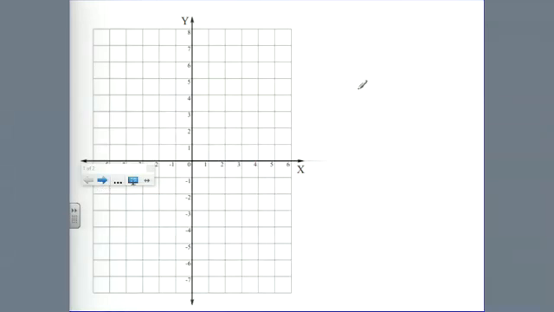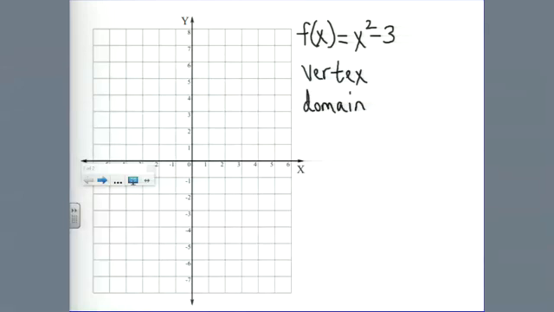Given the function f of x equal to x squared minus 3, we need to give the vertex, the domain, the axis of symmetry, the range, and also graph this particular parabola.